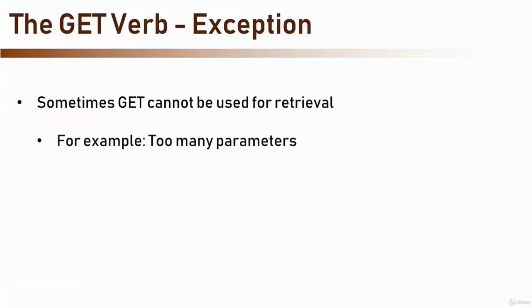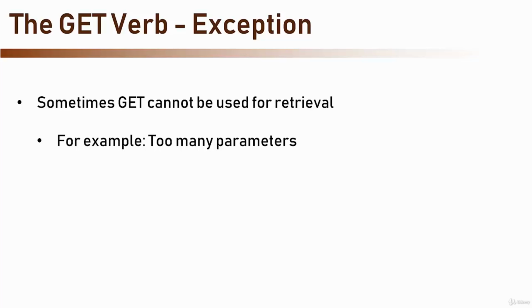Now, this limit begs a question. What happens when the query contains too many parameters? For example, let's say I have a list of 2,000 items and I want to retrieve them. So in this case, I will have to send this giant list to the server in order for it to send me back the items. However, this giant list with all its 2,000 items is simply too long to be sent using GET.